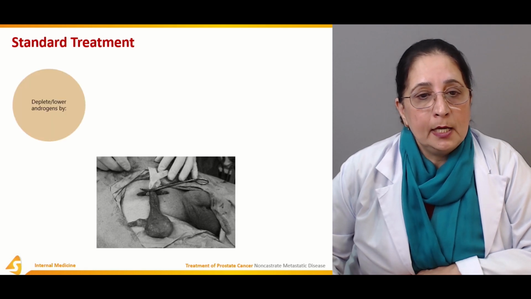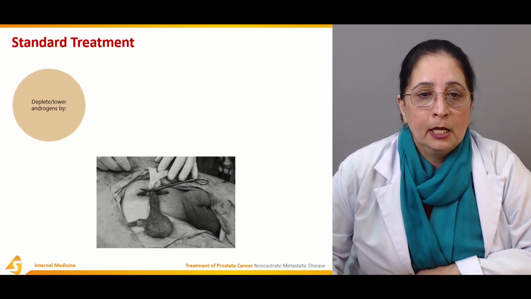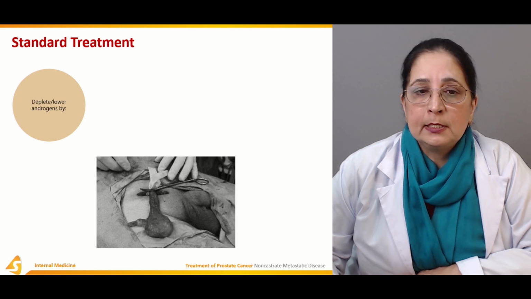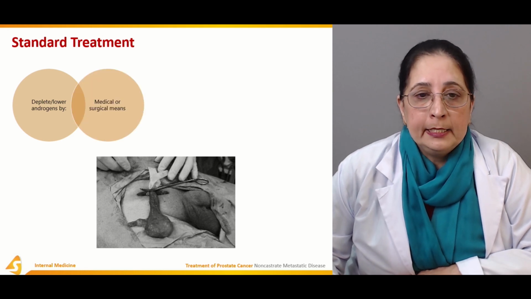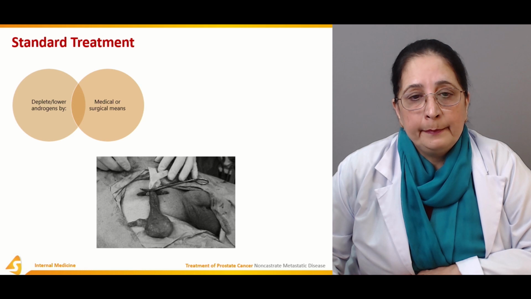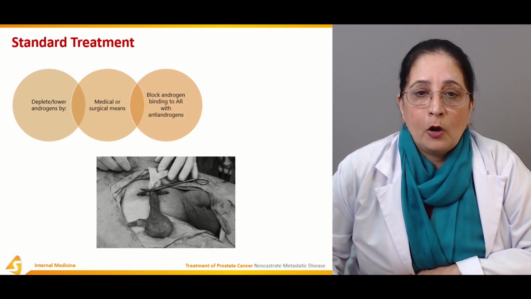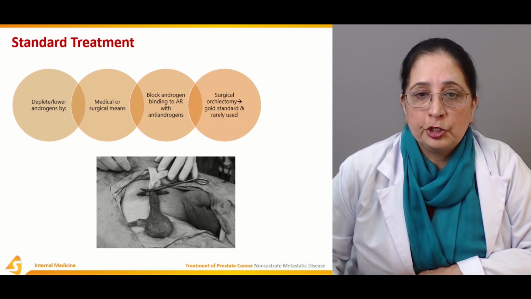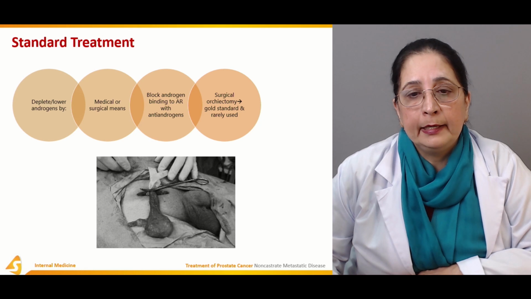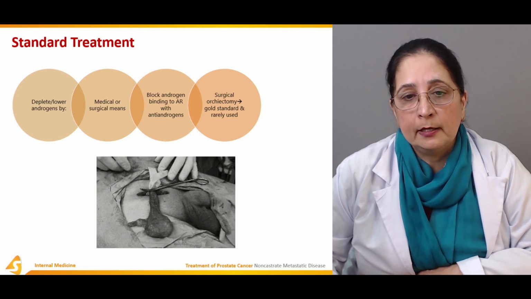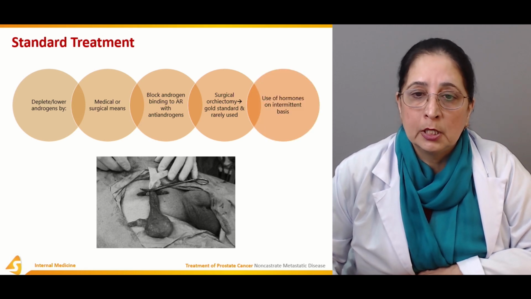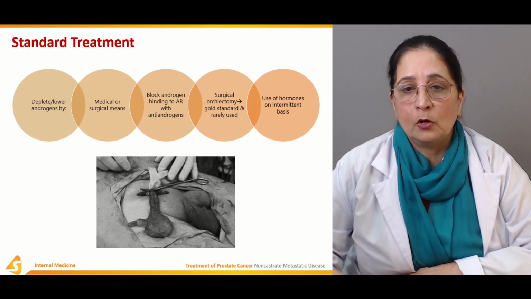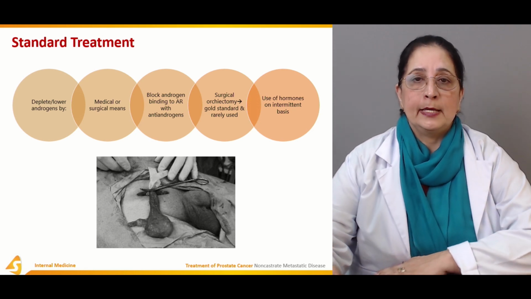Standard treatment is to deplete or lower androgens by medical or surgical means, and block androgen binding to the androgen receptor with anti-androgens. Surgical orchiectomy is the gold standard but rarely used, and hormones may be used on an intermittent basis.